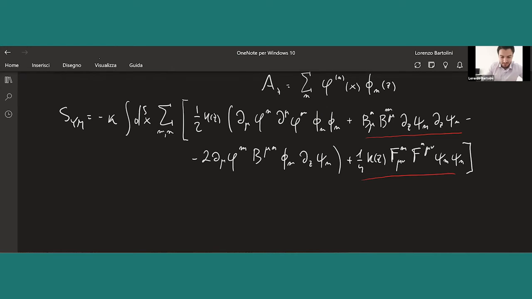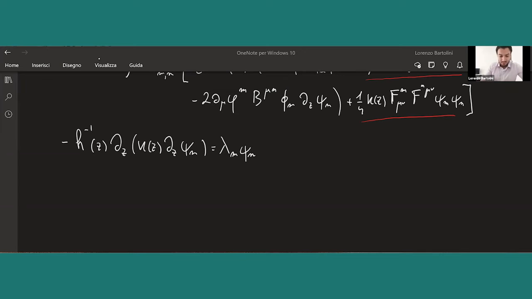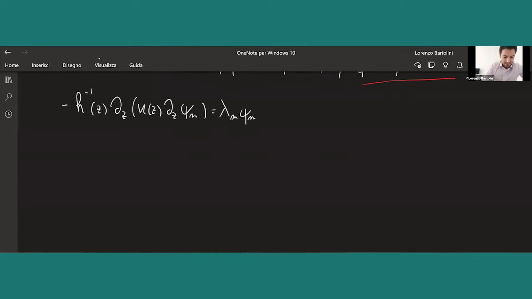So we choose the functions to obey these rules. So we take the psi_m to be eigenfunctions of these equations, of this operator, essentially, with eigenvalues lambda_m. And then we impose a normalization and an orthogonality rule.